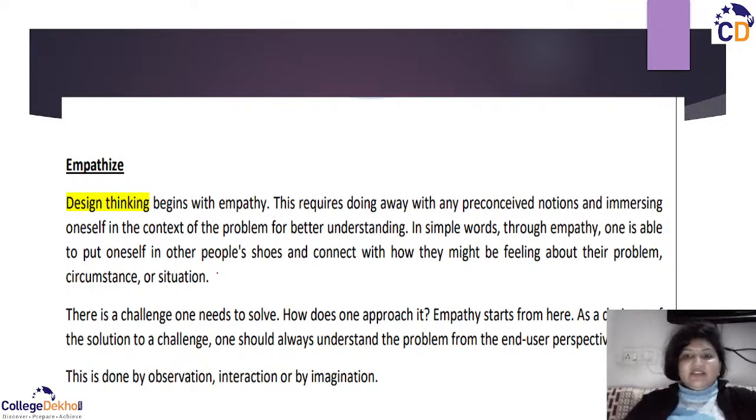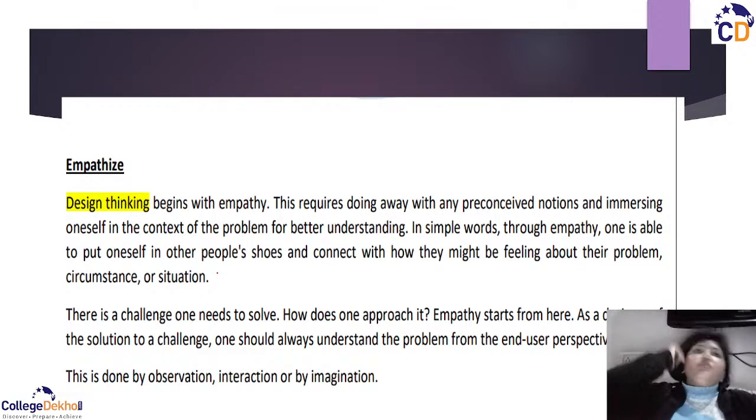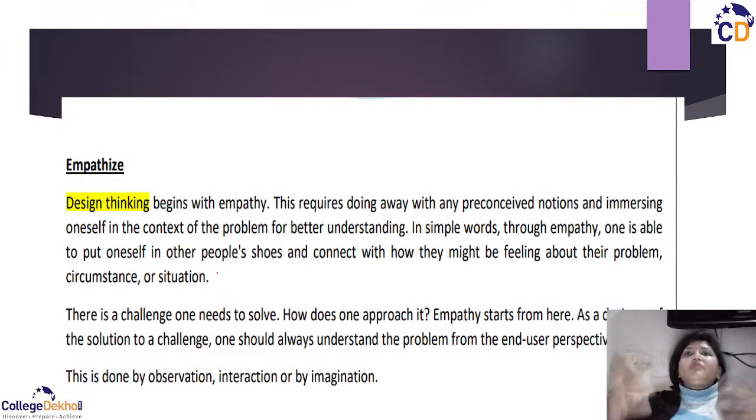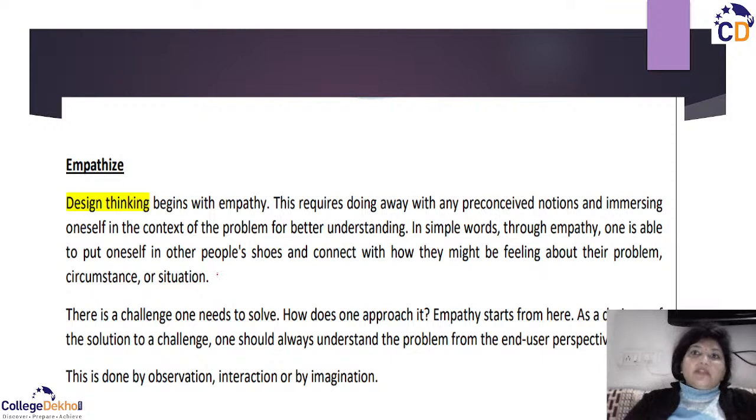Empathy starts from here. As a designer, in solving a challenge, one should always understand the problem from the end user's perspective. If you are solving anything from your own views, you will say this could be the solution, or that could be the solution. But if you put yourself in that particular person's situation, you can understand the real feeling and the real problem faced by that person.